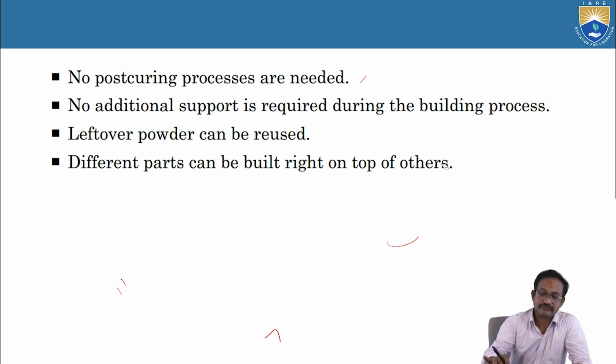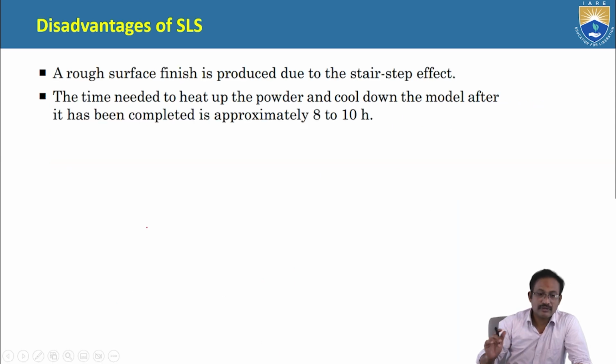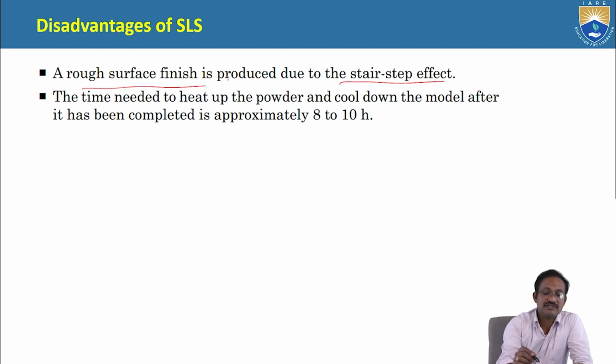Next, disadvantages of selective laser sintering. A rough surface finish is produced due to the stair-step effect. Because of this stair-step effect, a rough surface finish is produced. That is one of the disadvantages of selective laser sintering.